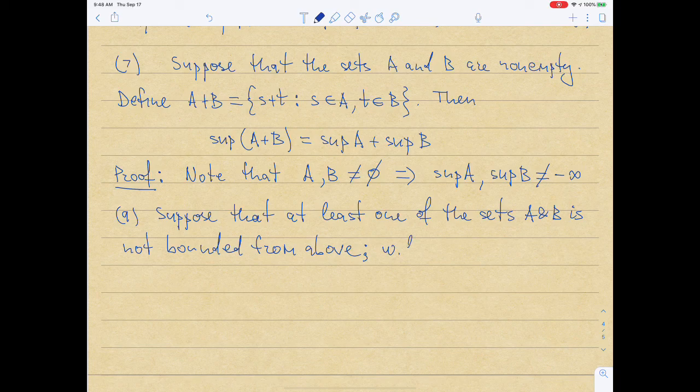Without loss of generality, so whenever I write this WLOG, this is just a shorthand for saying without loss of generality, I'm going to assume that A is not bounded.